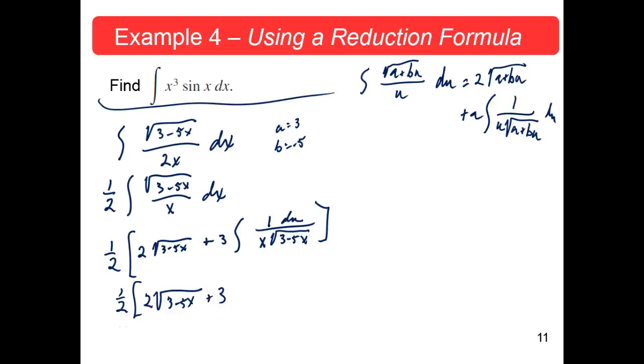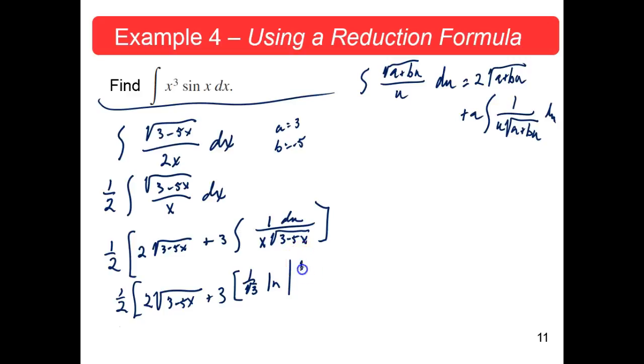Okay? Now this integral is going to be, I hate having all these brackets because they get confused after a while, 1 over the square root of a, which is 1 over root 3, times the natural log of the absolute value.